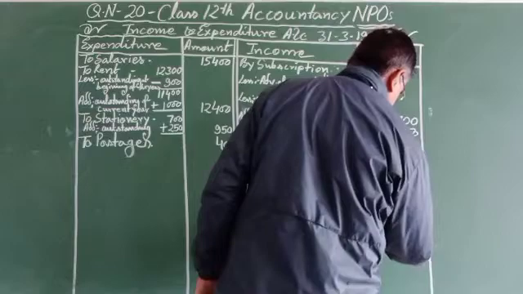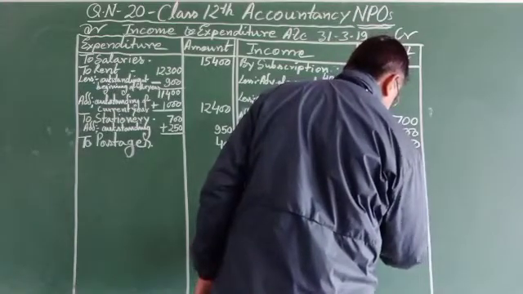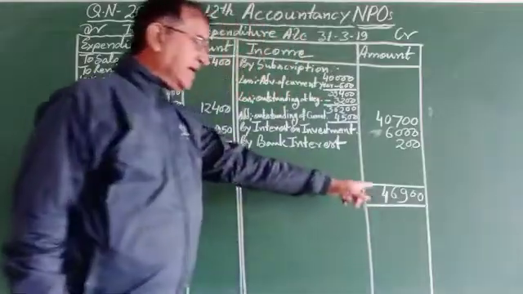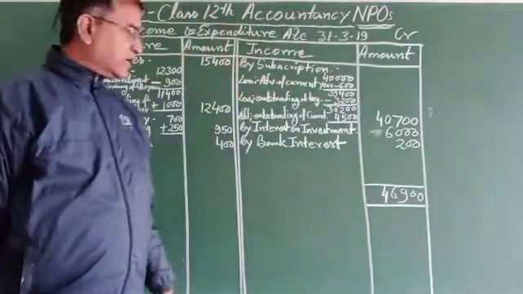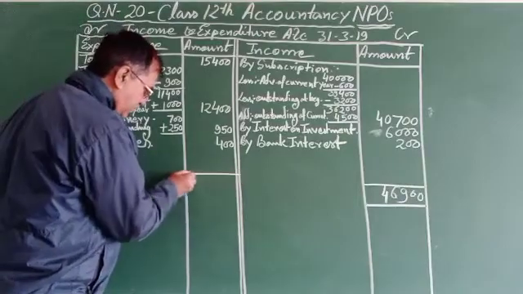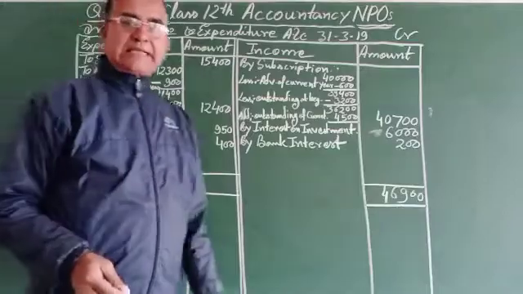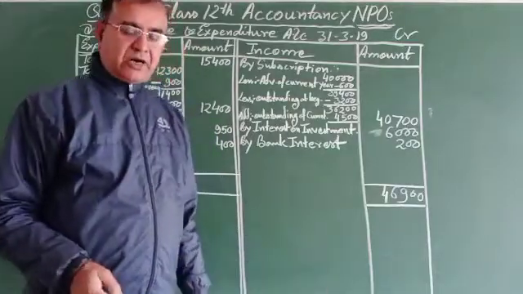The total will be 46,900, and we have to calculate the excess over expenditure.